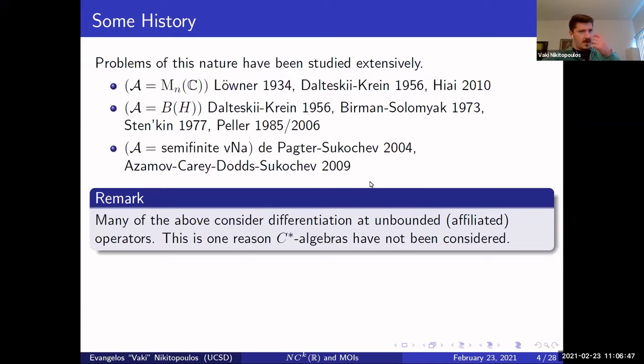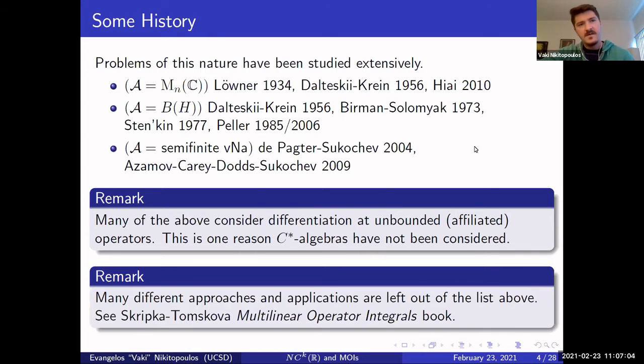A couple of remarks. Many of the above references consider differentiating the operator function at an unbounded operator, or, if you know what this means, in the case of a semi-finite von Neumann algebra, an affiliated operator. And this is one reason that C-star algebras are not really considered. Second, this list I just gave you is very abbreviated.